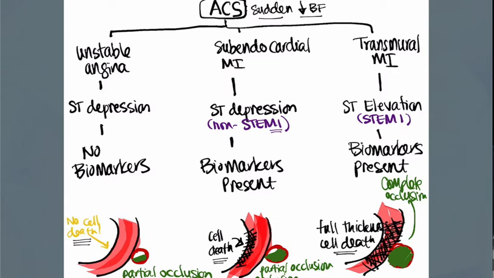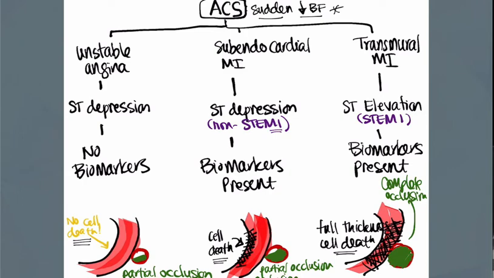So you can see that where they all share a common mechanism and maybe even common signs and symptoms, the medical team can parse out whether they're dealing with unstable angina versus an MI by looking at the biomarkers, and then can determine the degree of infarct by the evidence that's seen in the EKG.